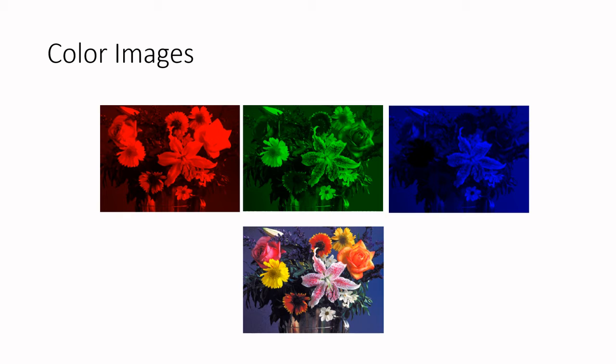That is, if you were looking at only the red components of the image, that's how the image will appear. Similarly, in the center, you have the image in the green channel, and at the right, the image in the blue channel. And when we combine the three of them, that is when you get the image at the bottom. So RGB, these three colors, are known as the primary colors. And these primary colors are additive colors because when we add them, only then do we get the color picture.